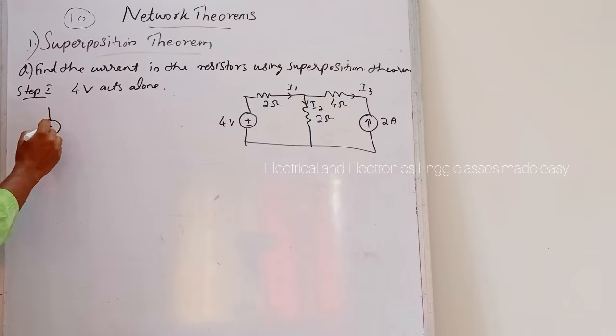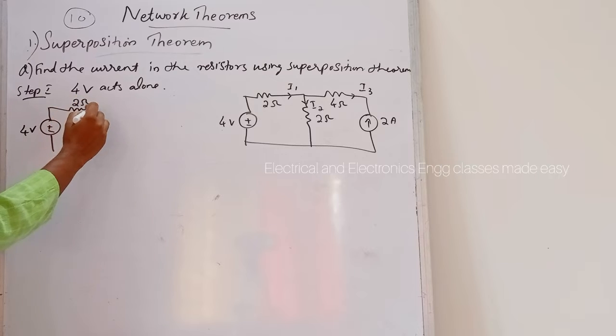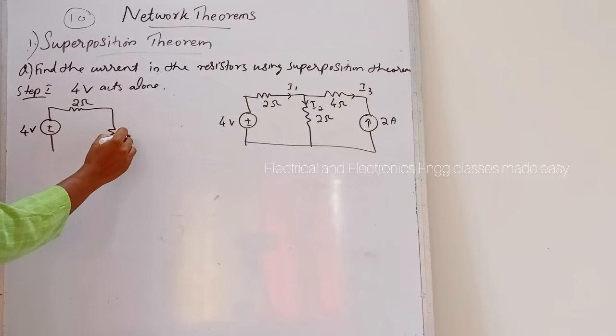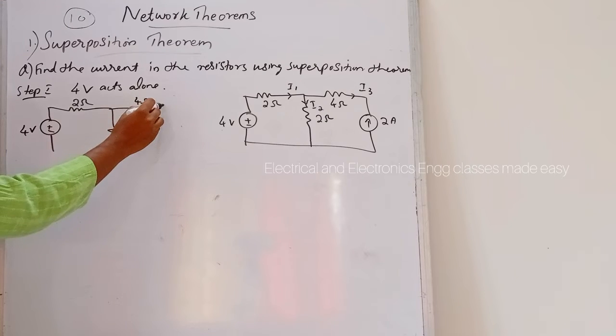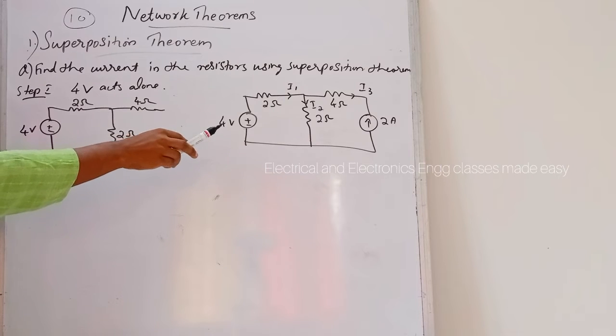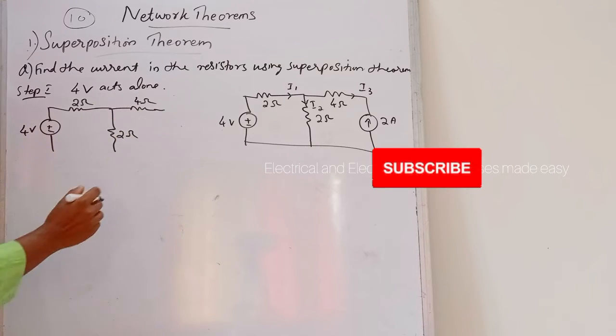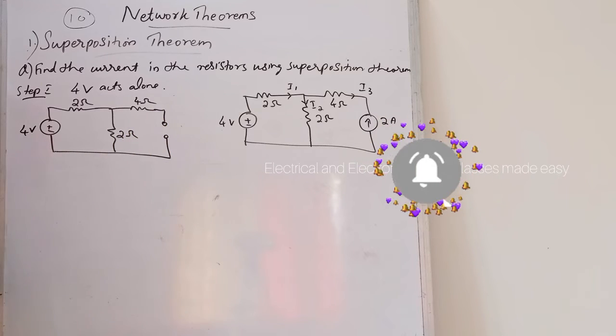So it will be 4 volt, then a 2 ohm resistor, here a 2 ohm resistor, then a 4 ohm resistor. While considering this voltage source, we have to deactivate the current source, so it is open circuited.